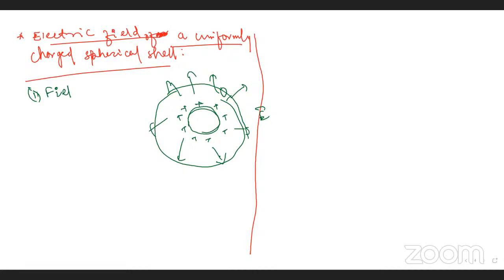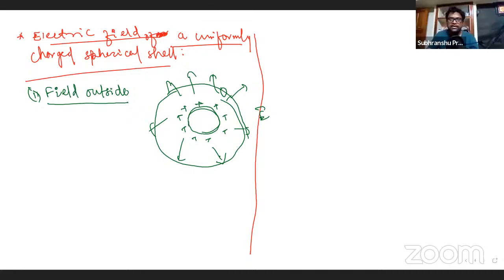The first case is the field outside the cell, and in the second case we will discuss the field inside the cell. So two cases we will discuss.